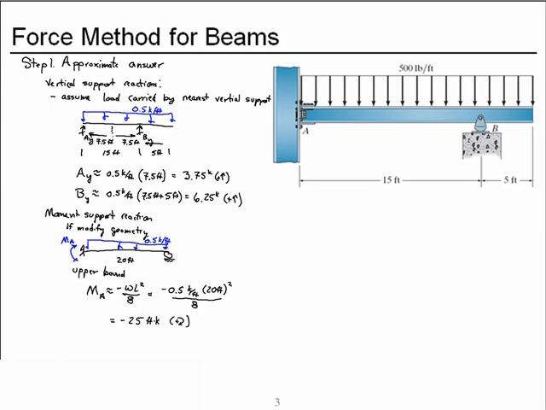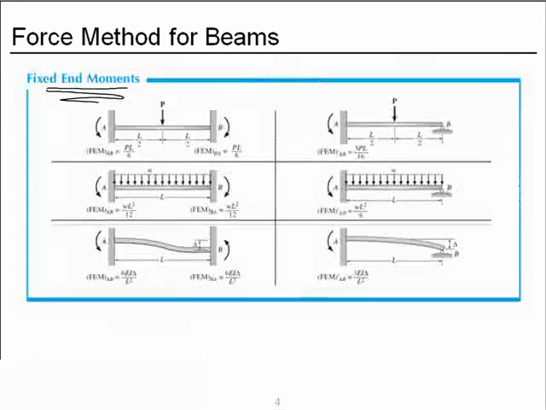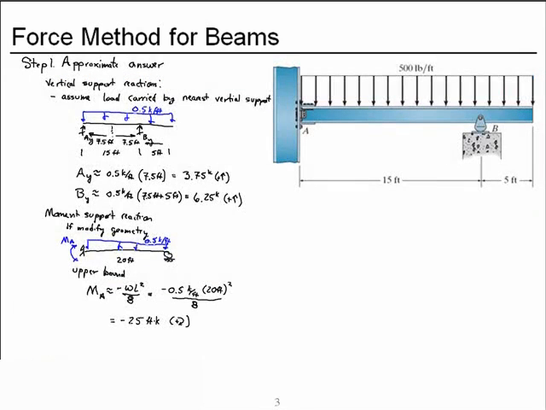And then for our moment support reaction, we modified the geometry by sliding the rocker from B out to the end, and noticed that that would be a more severe condition for moment at A, but that severe condition is available from the back cover of our text, pre-calculated, and we used it to create an upper bound estimate for the moment support reaction.